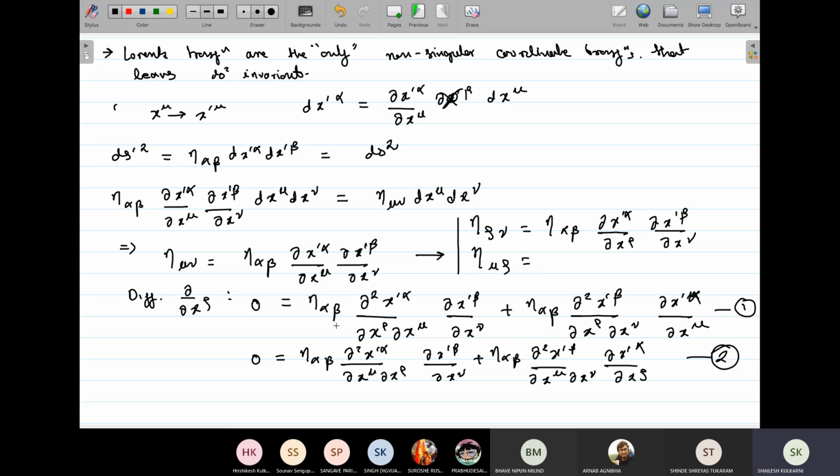So I will get another equation. That equation can be obtained from the first by interchanging nu and rho. So I will get 0 equal to eta alpha beta del 2 x prime alpha by del x mu del x nu del x prime beta by del x rho, okay, plus eta alpha beta del 2 x prime beta by del x, sorry, I think I have done something wrong. I'm using this relation, so let me just erase this.